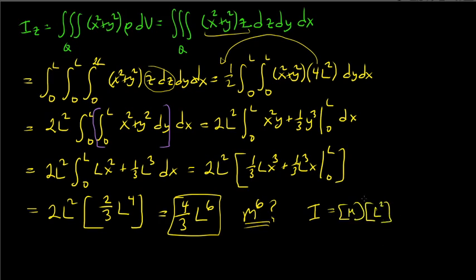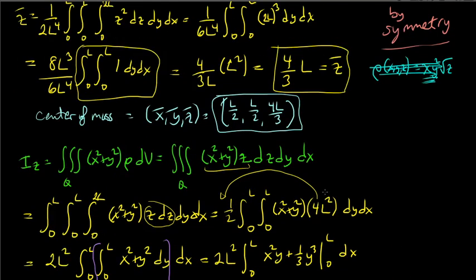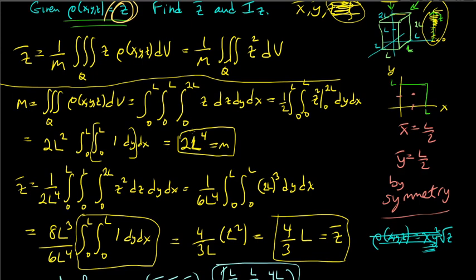So the usual units are kilogram meter squared. Remember what the mass was: the mass was 2L to the 4th. So somehow our units are getting kind of mixed up here.